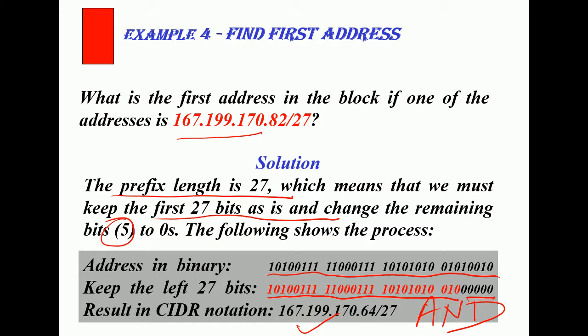Now you can see these three are the same. The random address given from the block was 82 in the last octet, and the first address we find is 64, which will be your network address, and the rest become host addresses. The philosophy of first and broadcast address is the same as in classful addressing.